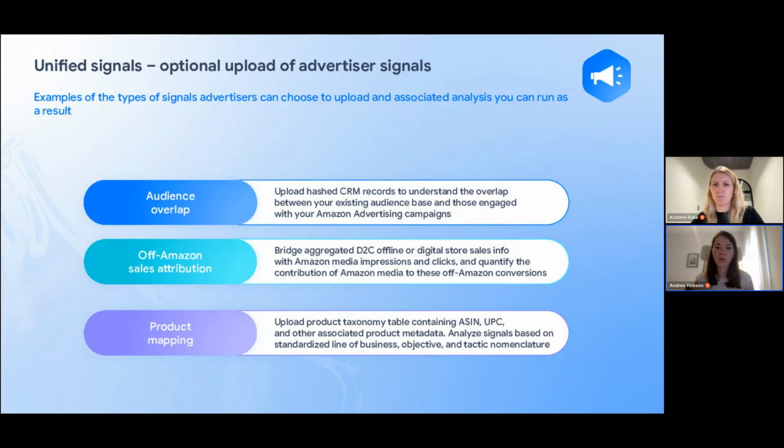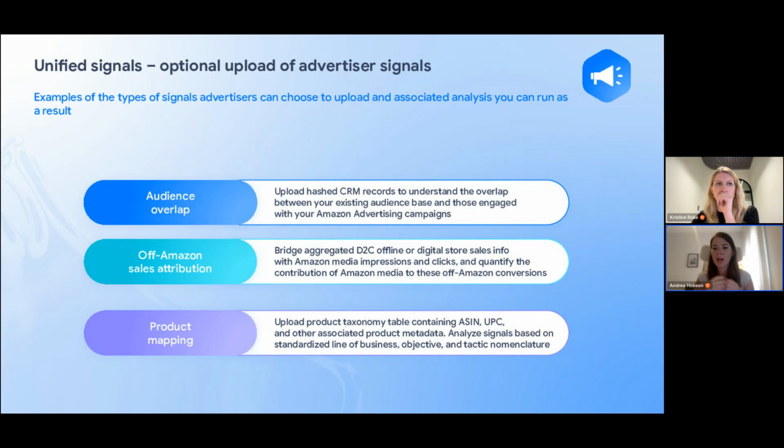It's also a way to bridge aggregated offline or digital store sales with Amazon media impressions and clicks. And for product mapping, you can use a product taxonomy table to standardize your analytics.